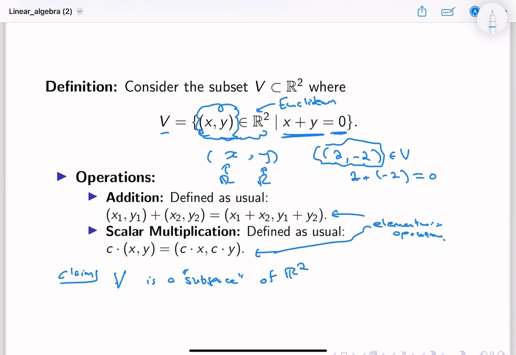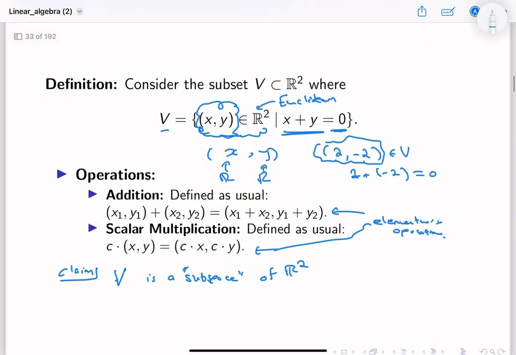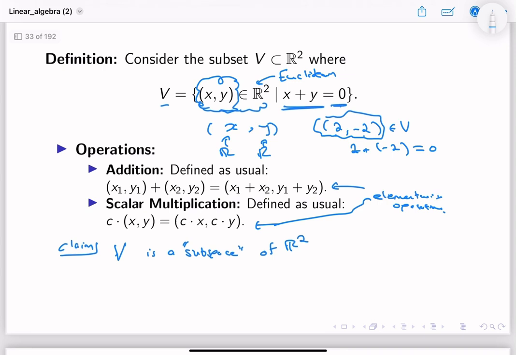So let us see why this is the case. This is also evident, but let's see why. I remind you there are three things that we need to check, and the rest usually follow by an easy check. First of all, what are the operations that we're using for V? And are they binary?